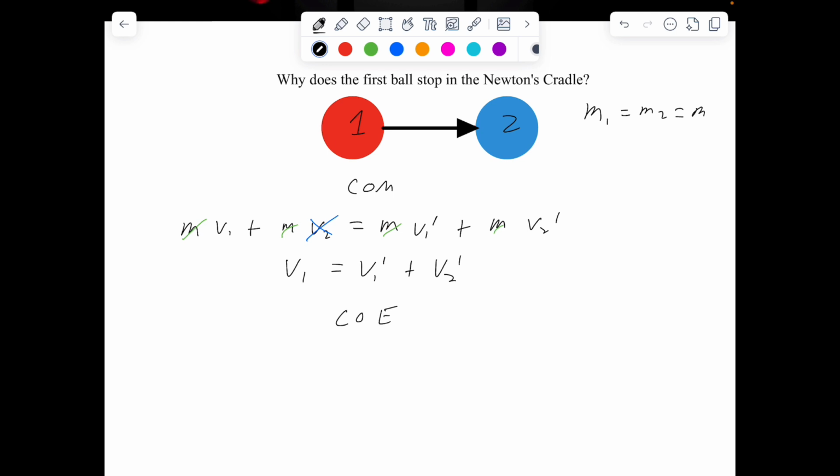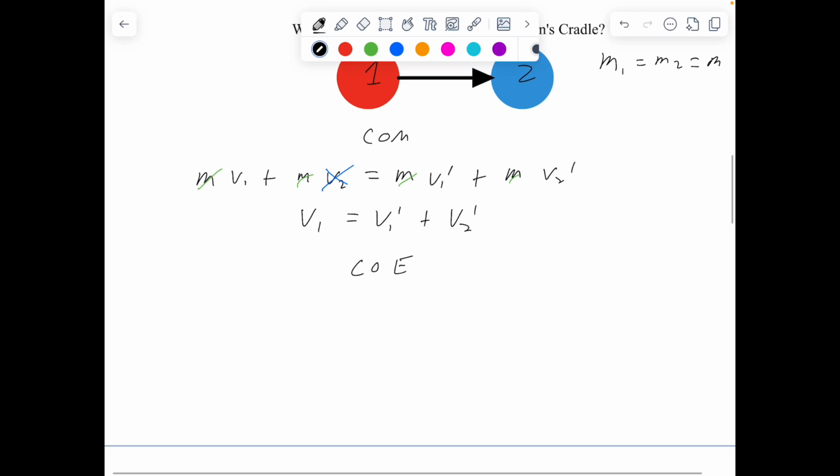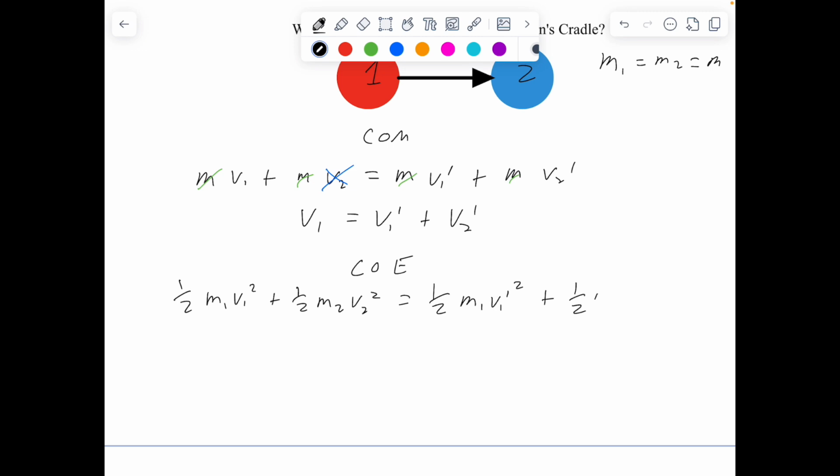So if we do the exact same kind of trick here, we have 1/2 M1 V1 squared plus 1/2 M2 V2 squared is equal to 1/2 M1 V1 prime squared plus 1/2 M2 V2 prime squared. Just like before, they're all the same mass, so there's no reason to make the distinction between the two masses.